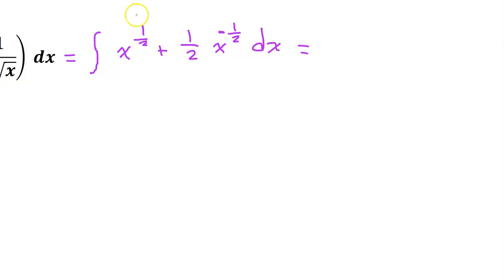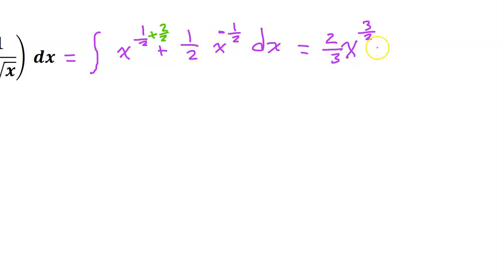So remember, we are adding 1 to this exponent. So if I add 1, that's like I'm adding 2 over 2. So that's going to give me 3 over 2. So I end up with x to the 3 over 2 power. But then I divide by 3 over 2, which is the same thing as multiplying by 2 over 3. We do the reciprocal.